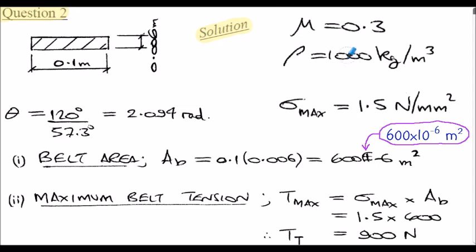So extracting the information from the question, the friction coefficient mu is 0.3. The mass density rho was 1 ton per meter cubed, so of course in kilograms that's 1,000 kilograms per meter cubed. The angle of lap theta was 120 degrees, so I've converted that here into radians to 4 significant figures.